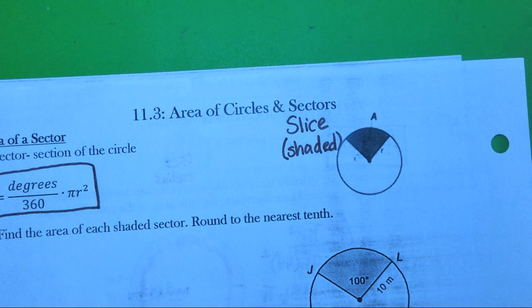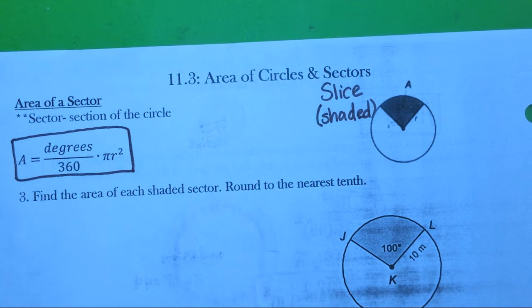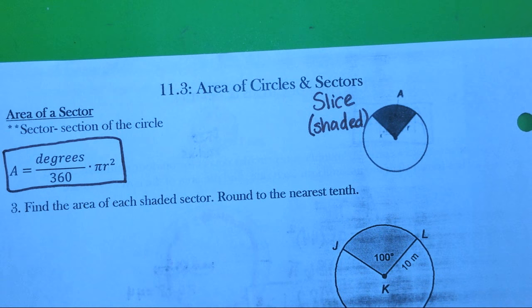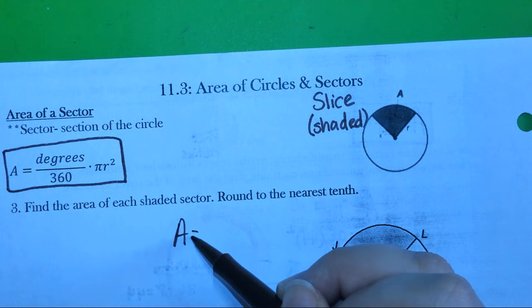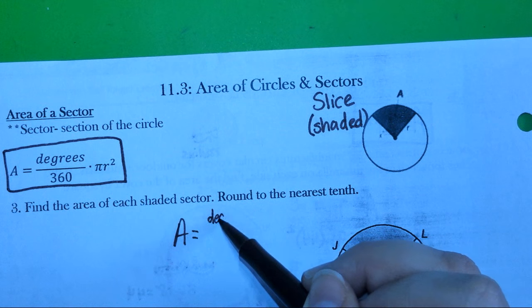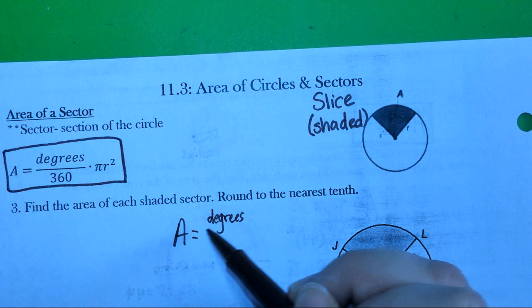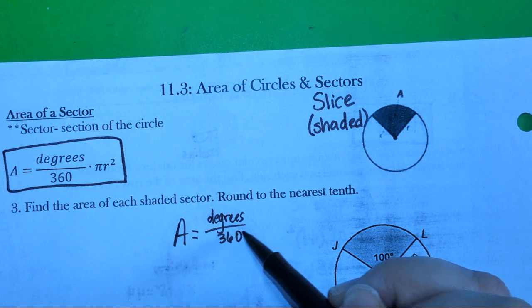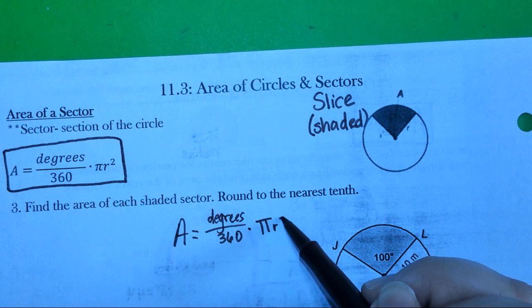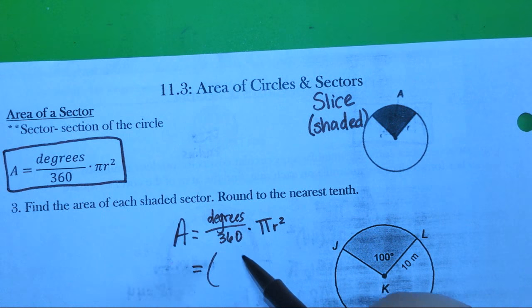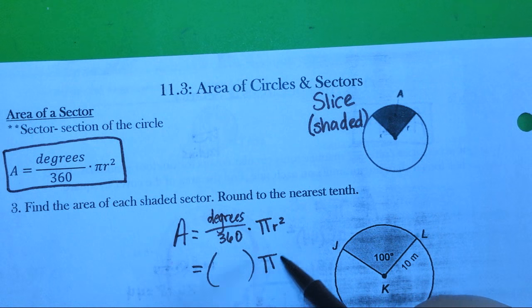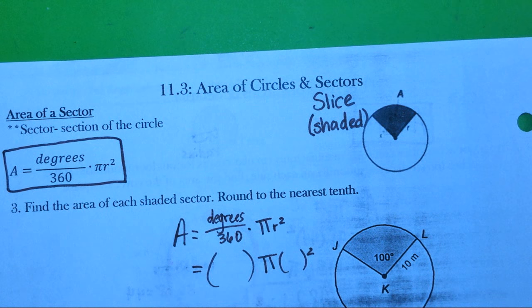Okay, so our first example asks us to find the area of each shaded sector, round to the nearest tenth. So I like to write down my formula, degrees divided by 360 times pi r squared. What number should I plug in for the degrees?